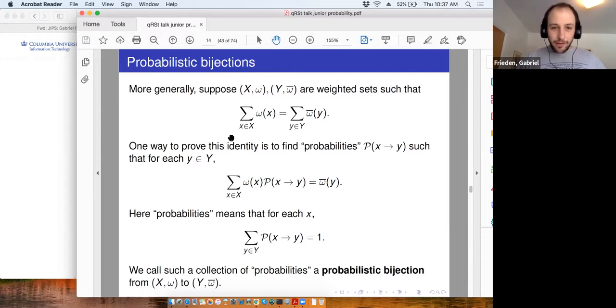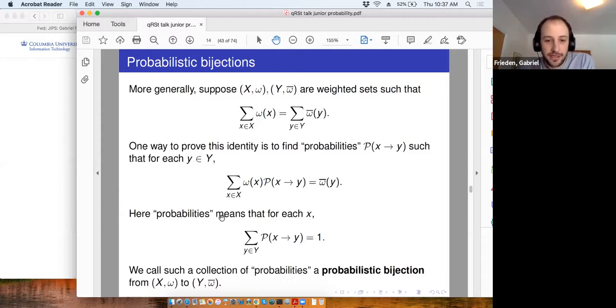So one way to prove this identity is to find probabilities of mapping from something in the left set to something in the right set, such that for each y in the second set, the weight of y is equal to the weighted sum over the probabilities of reaching y from x.